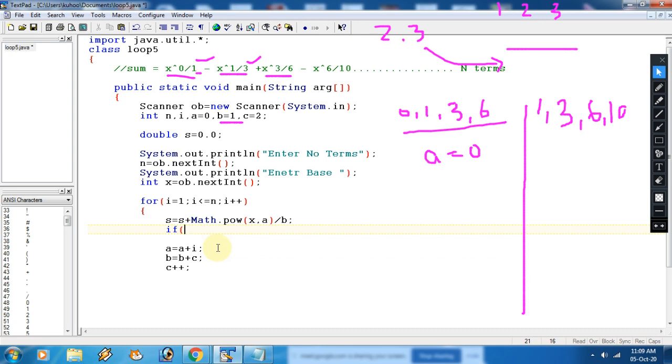So for that we can utilize I mod 2 equals 0, but this condition is false, so this won't execute.